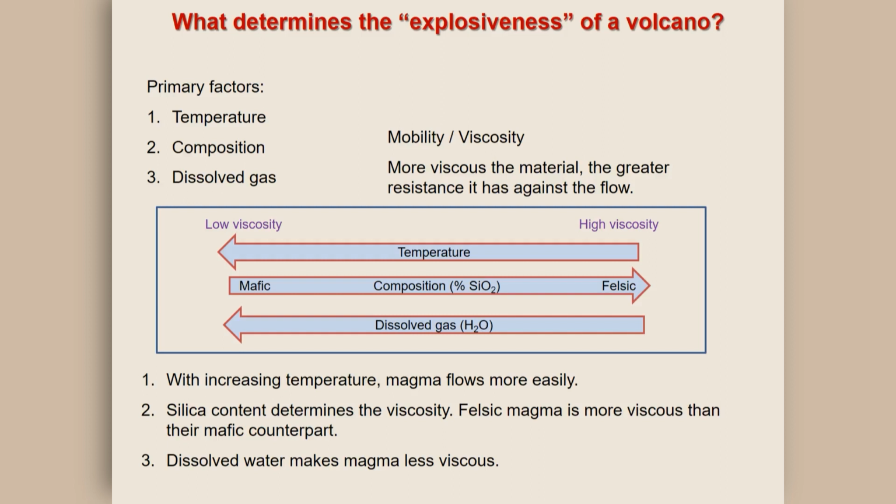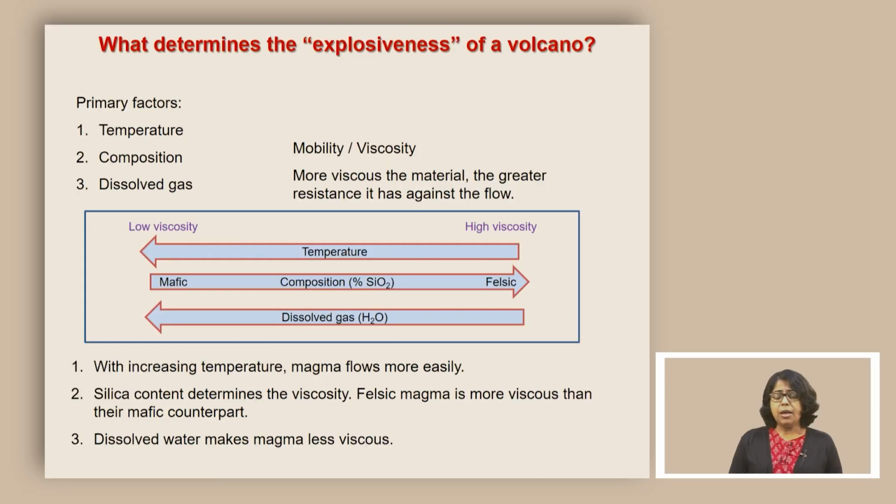The second important thing is the composition. The viscosity is dependent on the composition of the magma. So, if we look at the silica composition, we can recall that there are two major types of igneous rocks, one is mafic, the other one is felsic. In the mafic, we have talked about it, that we find Mg and Fe, and that is where we get the name mafic. Whereas in felsic, it is primarily feldspar and quartz, and therefore, it is very rich in SiO2.